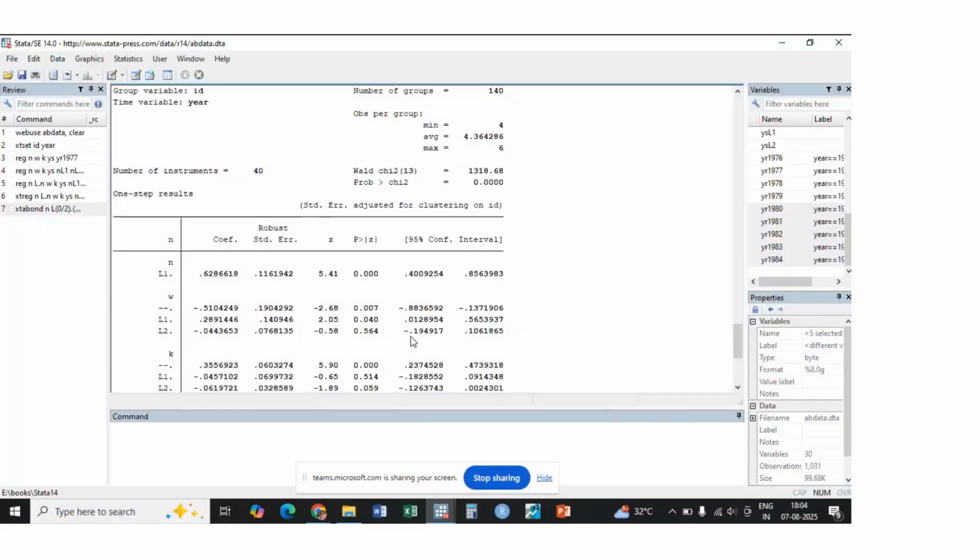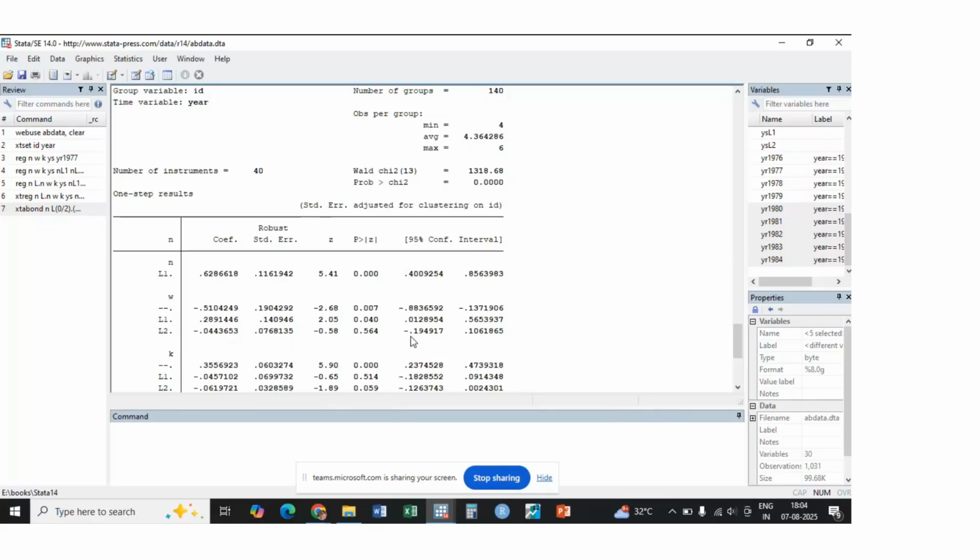Now take a look at this. Is this model a good estimate? No, it is not between FE and OLS.